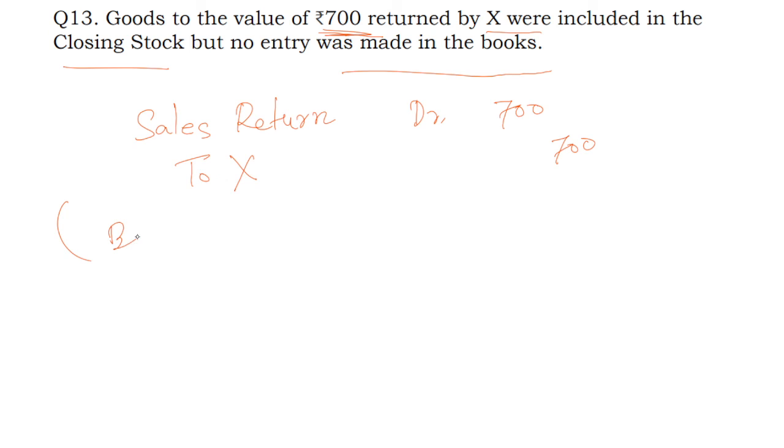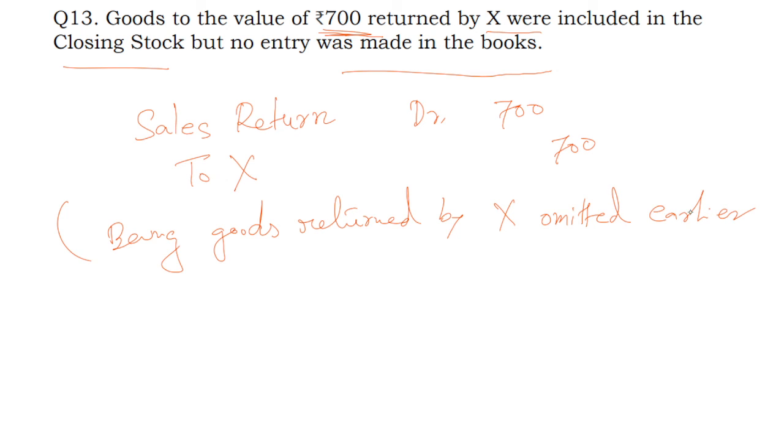So we'll write the narration: being goods returned by X, omitted earlier, now recorded. Okay, that's it.